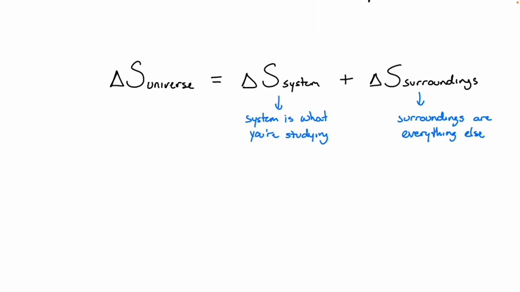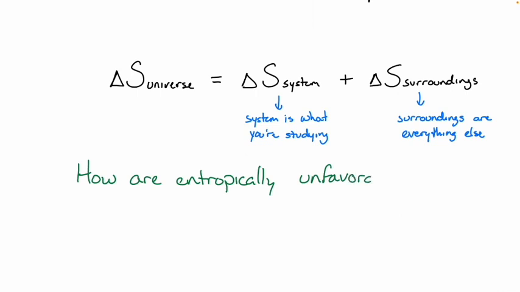So if this is an entropically unfavorable process, how are entropically unfavorable processes allowed to occur?